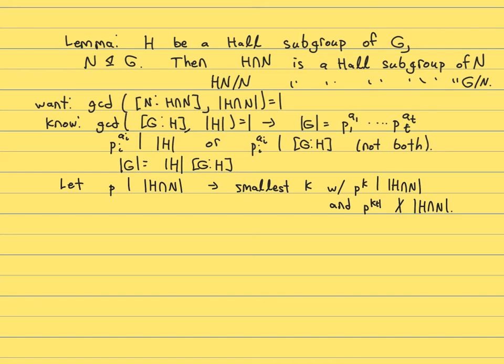And what do we need to show? We need to show p does not divide this index. If that is true, then the prime power factors here, none of those primes are over here, so they have no prime factors in common at all, so the GCD has to be 1.